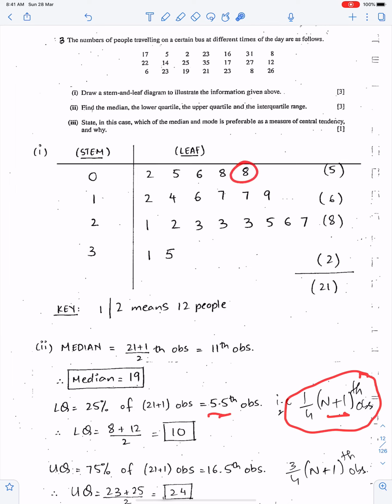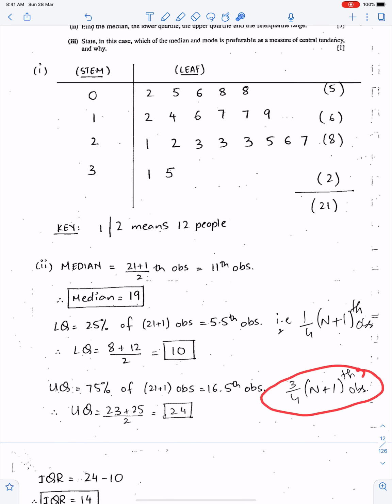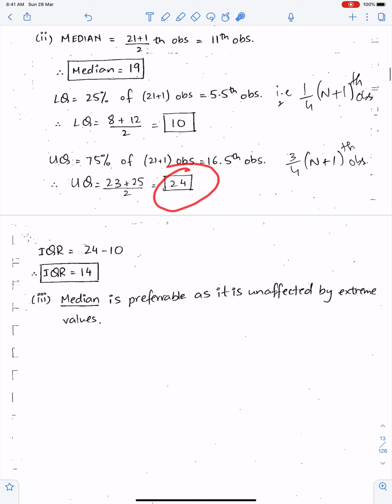This is the 5th observation and this is the 6th observation. Take the average of these two. 3 upon 4 (n plus 1) means 16.5. 16.5 means average of 16 and 17. So till here we have 11, 12, 13, 14, 15, 16, 17. So take the average of these two. IQR is simple, it's Q3 minus Q1.